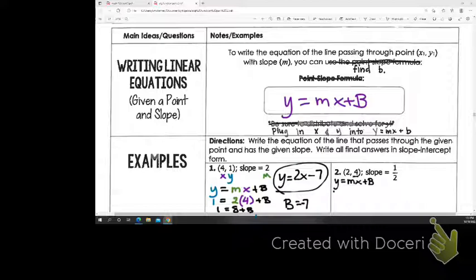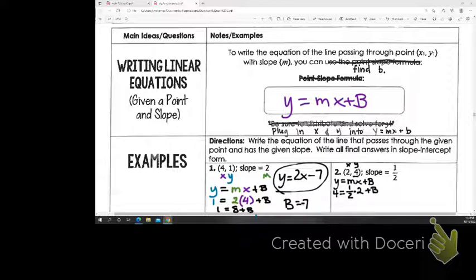So 4 is going to replace that y. Equal, m stands for slope, and here the m is 1/2. X, in this pair, this is x and y, the x is 2. You can use a dot in between, you can use parentheses, but those two are being multiplied, and we don't know b. That's what we're going to try to figure out.